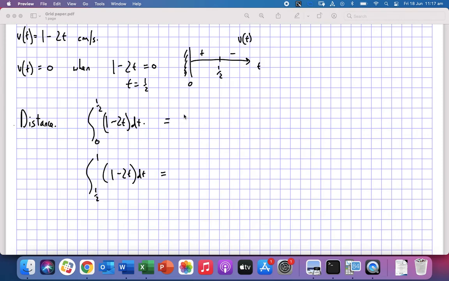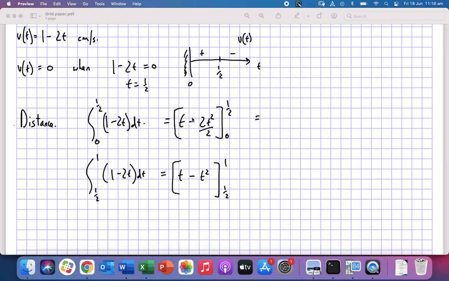So here you'd have t minus 2t squared divided by 2, which is just t squared. And you want to evaluate that from 0 to a half. And here you would have the same antiderivative, and you want to evaluate from a half to 1.